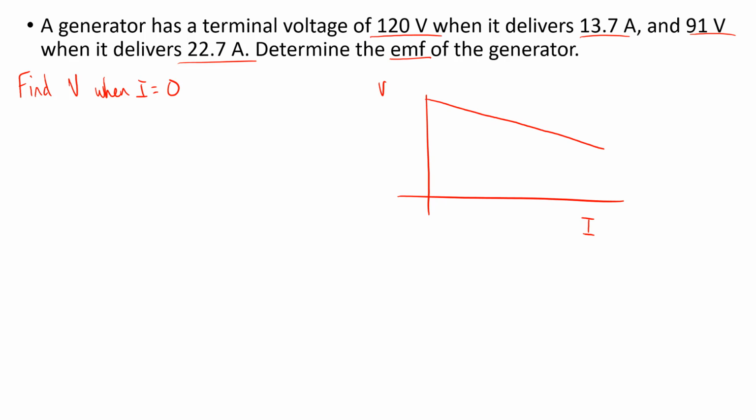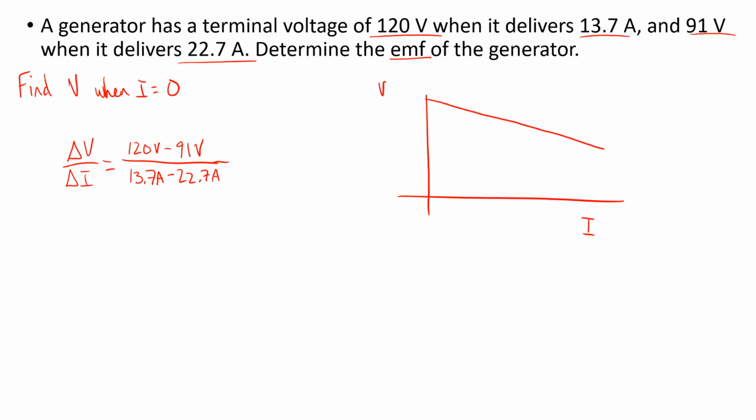So what we can do is find the rate of change of voltage with respect to current, delta V over delta I. So terminal voltage of 120 volts at 13.7 amps, and 91 volts at 22.7 amps.